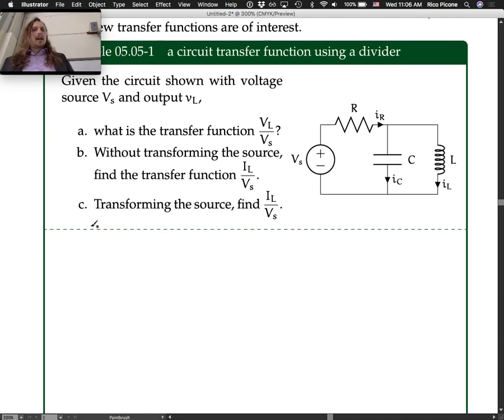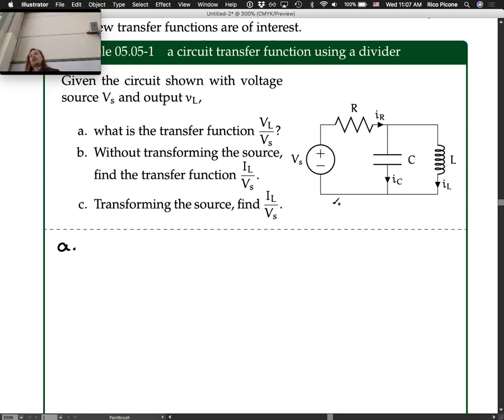So for part A, what is the transfer function Vs to VL? We're looking for this divider rule thing, right? We want to transform this circuit into either a current divider or a voltage divider, since we're working with an electronic system. So either an across variable divider or a through variable divider, which for an electronic system is voltage or current.